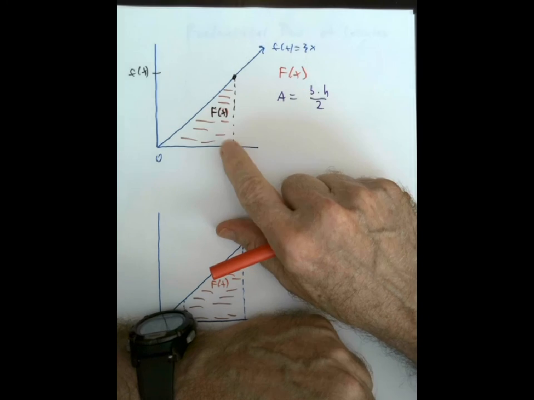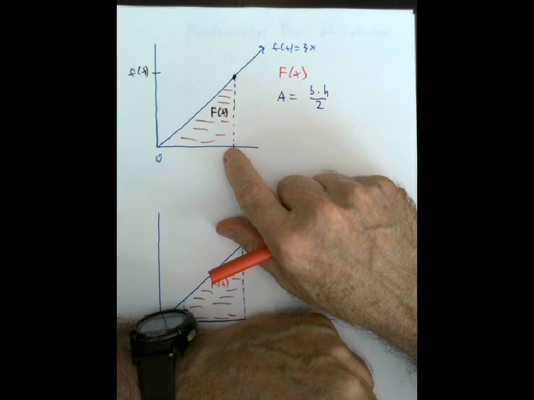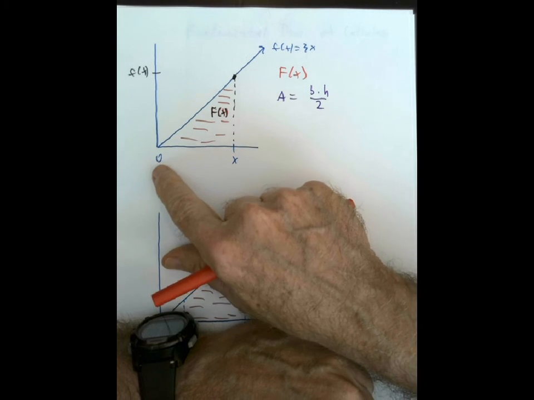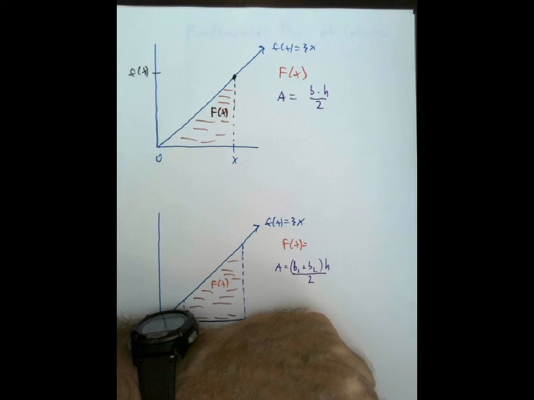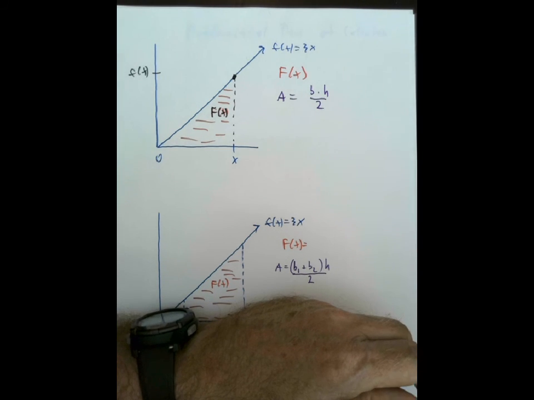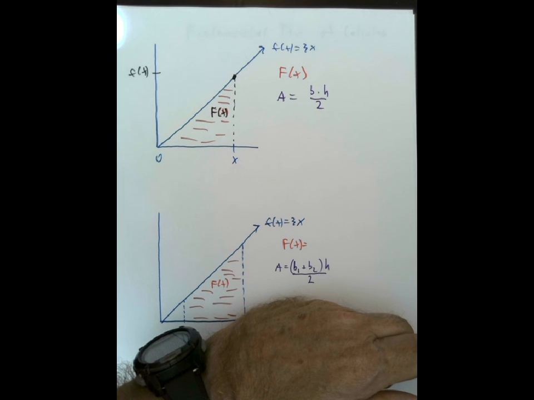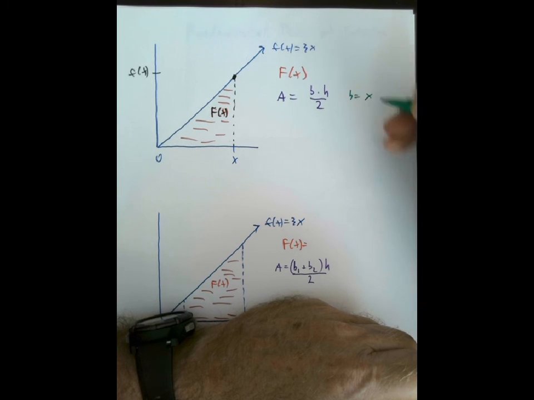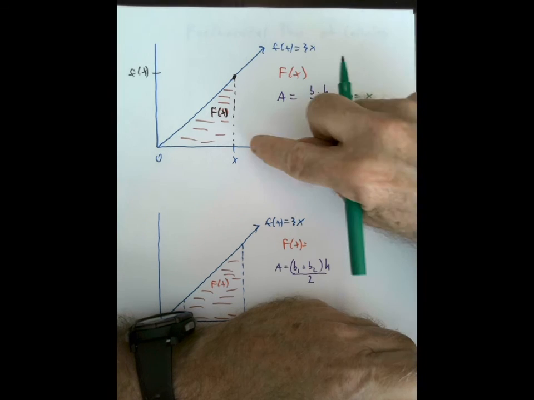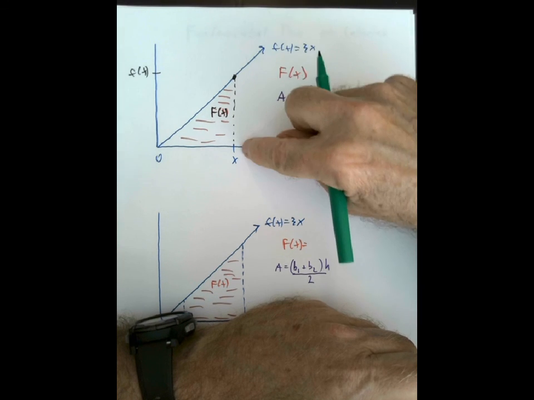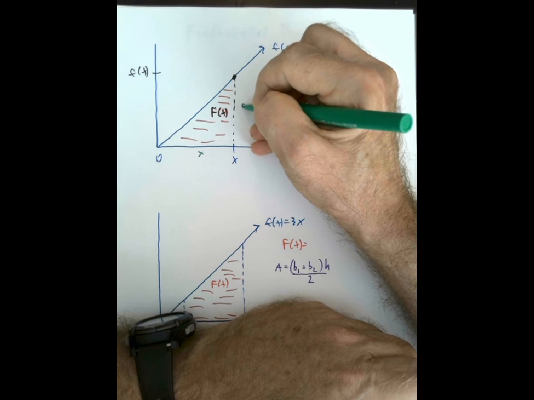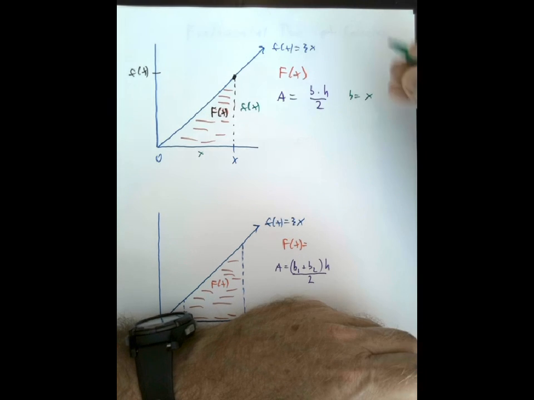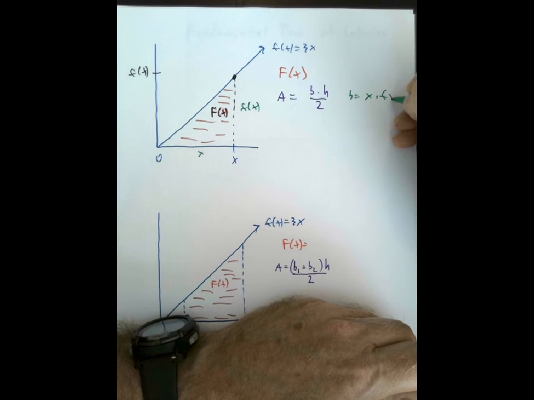In terms of this picture, what's the base? The base is from 0 to x, so the base is whatever x is. The height is whatever f of x is. So it's x times f of x, divided by 2, yeah?